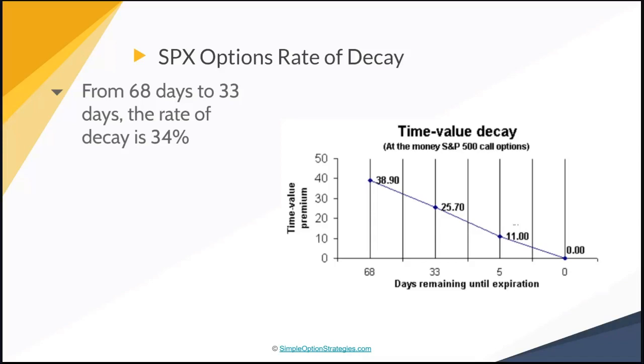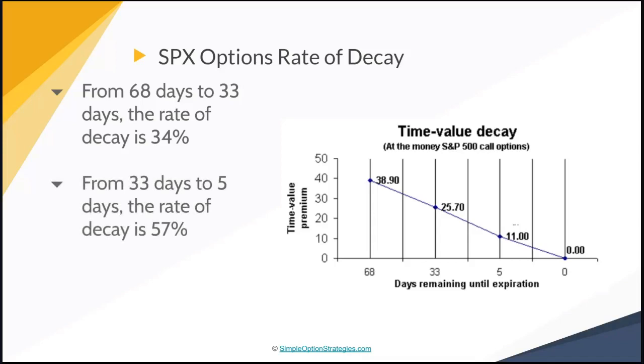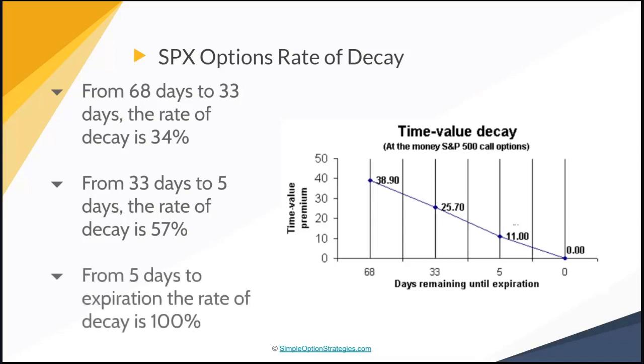From 33 days to 5 days, the rate of decay is 57%. You see where I'm going here? In the last 5 days to expiration, the decay is 100%. So the greatest amount of decay happens in the last 5 days of the trade.